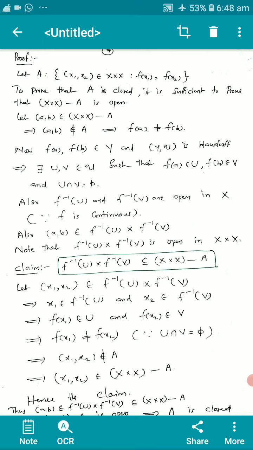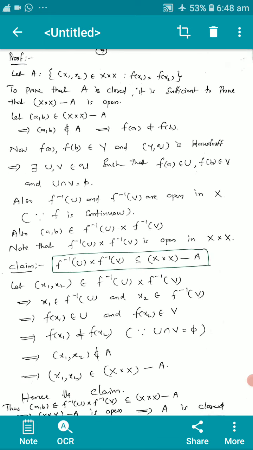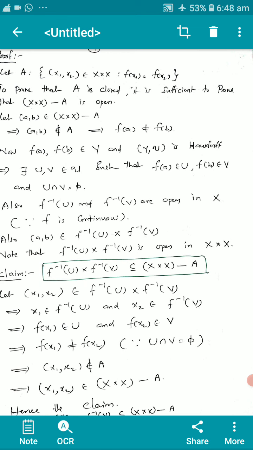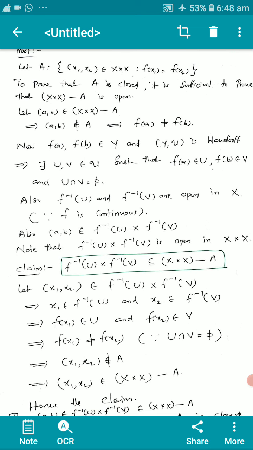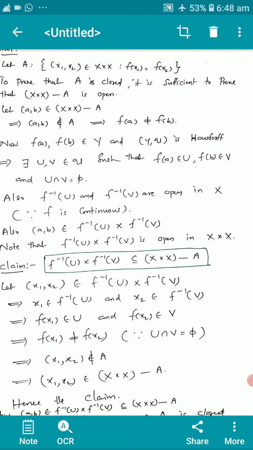Now f of a and f of b are in Y, and Y is Hausdorff. This implies there exist open sets U and V in Y such that f of a is in U, f of b is in V, and U intersection V equals the empty set. Also f inverse of U and f inverse of V are open in X. Why?